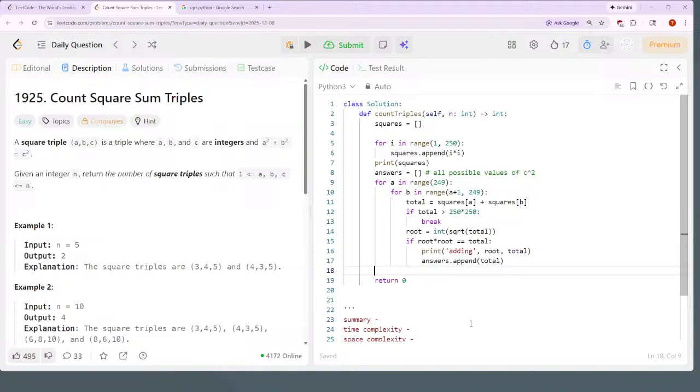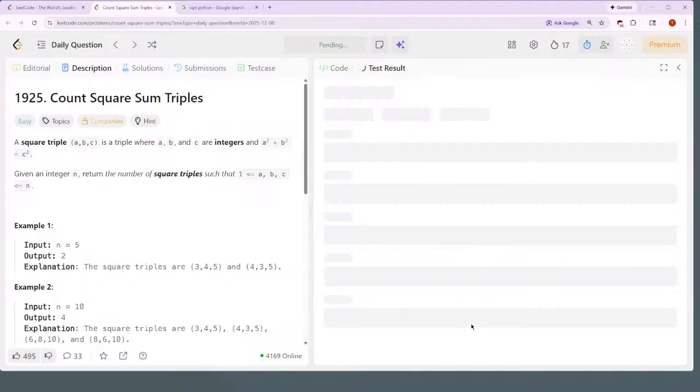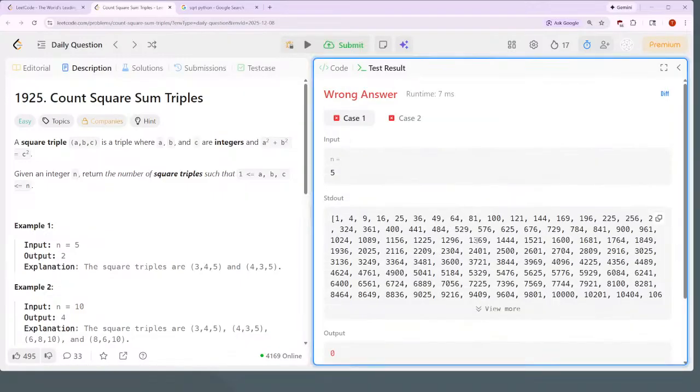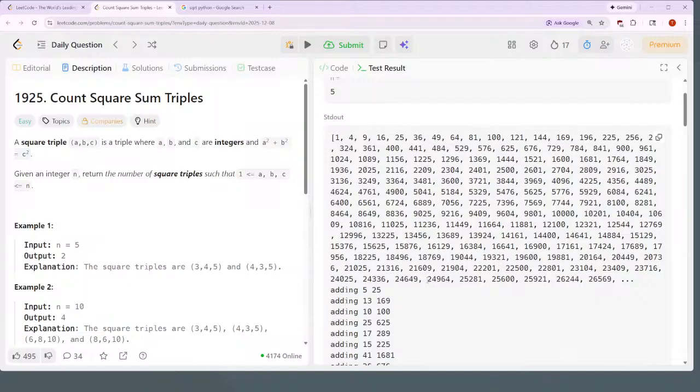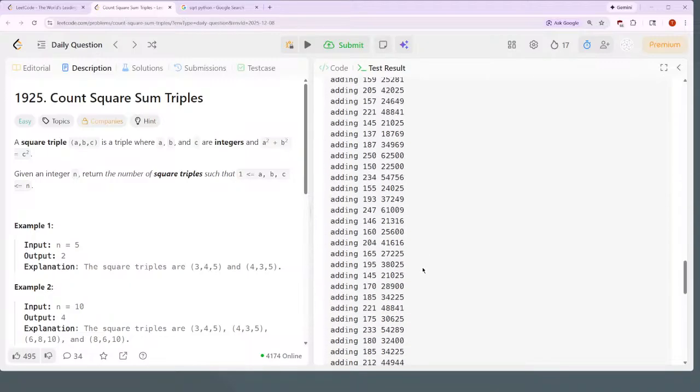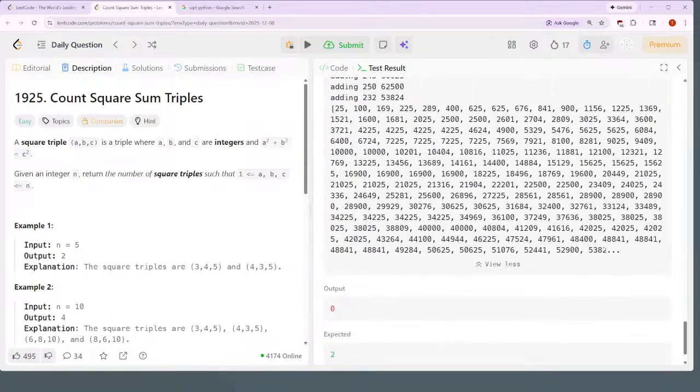Go ahead and sort the answers, and print these sorted answers. Is whether or not this is going to print out everything.